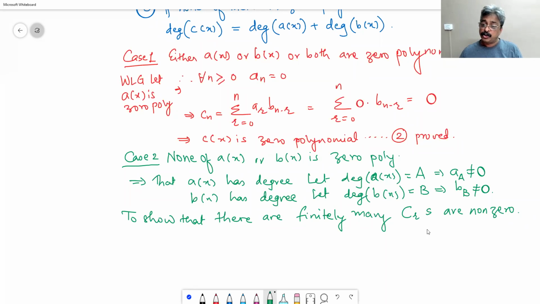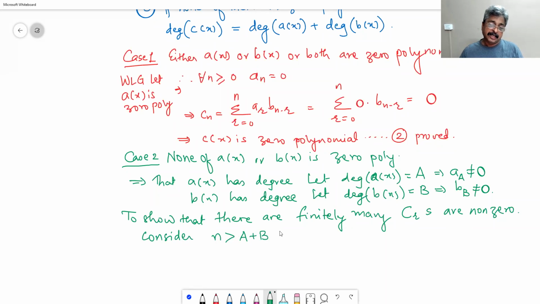This is what we want to show, and therefore, by the experience of the multiplication that we have, consider a number n which is greater than A plus B.